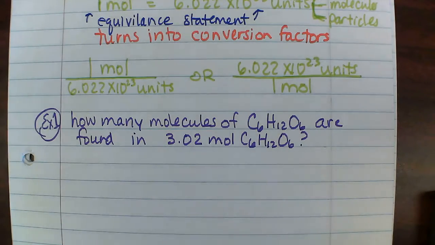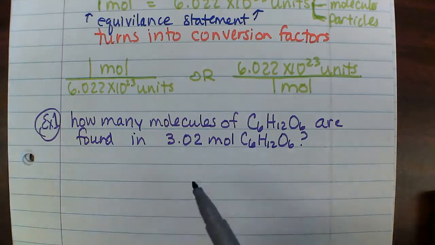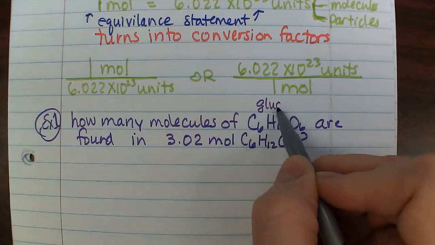So how many molecules of C6H12O6 are found in 3.02 moles of C6H12O6? And that is glucose.